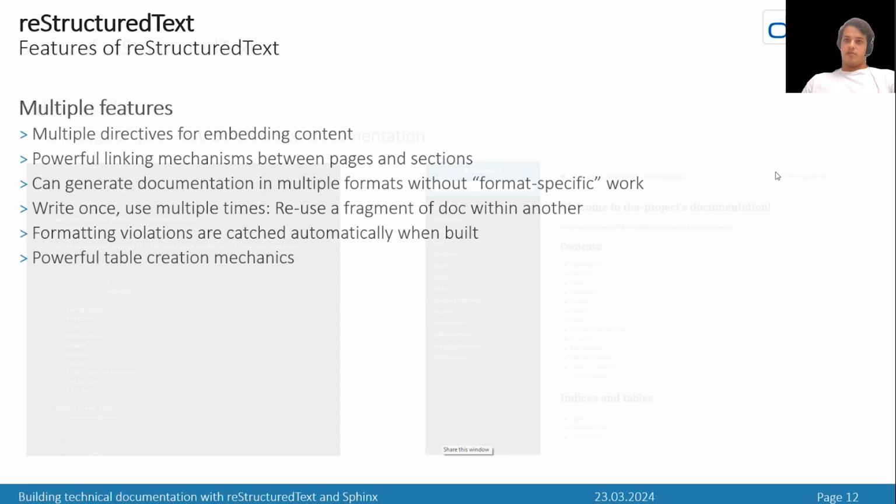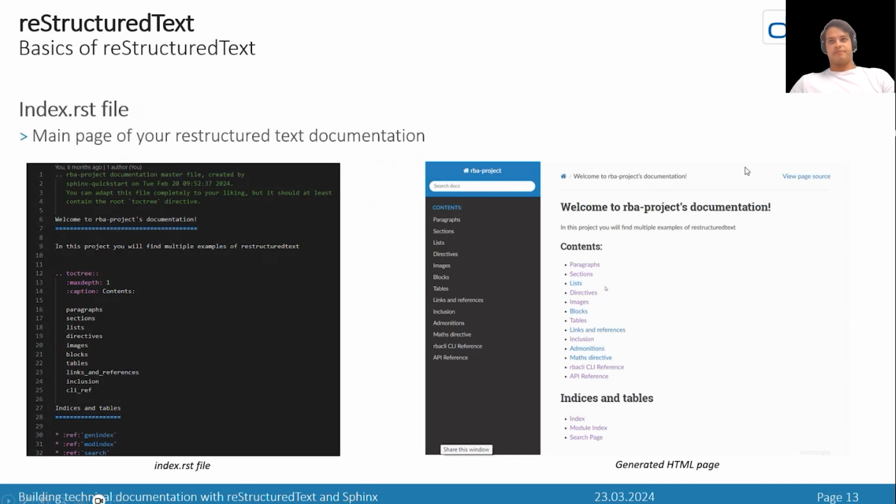Okay, so let's move on to the basics. When we talk about reStructuredText, the first file that will interest us is the index.rst file. So I already showed you an example of this file for the Linux documentation. This file represents the main page of all your documentation.